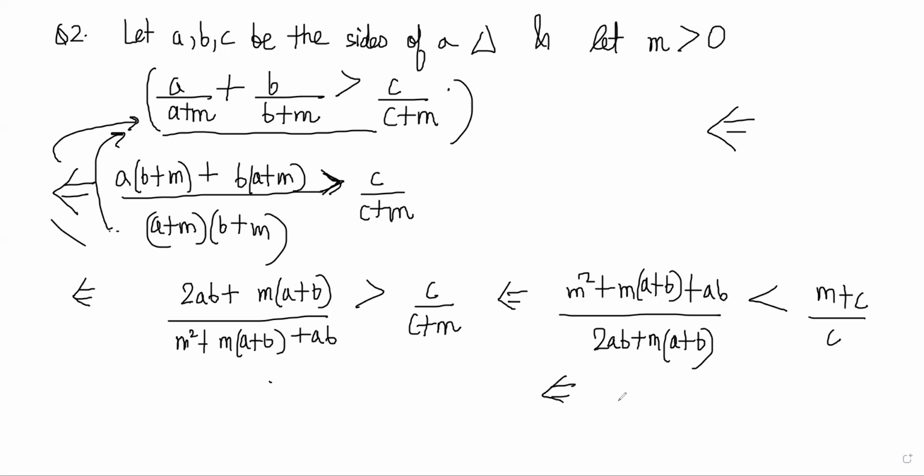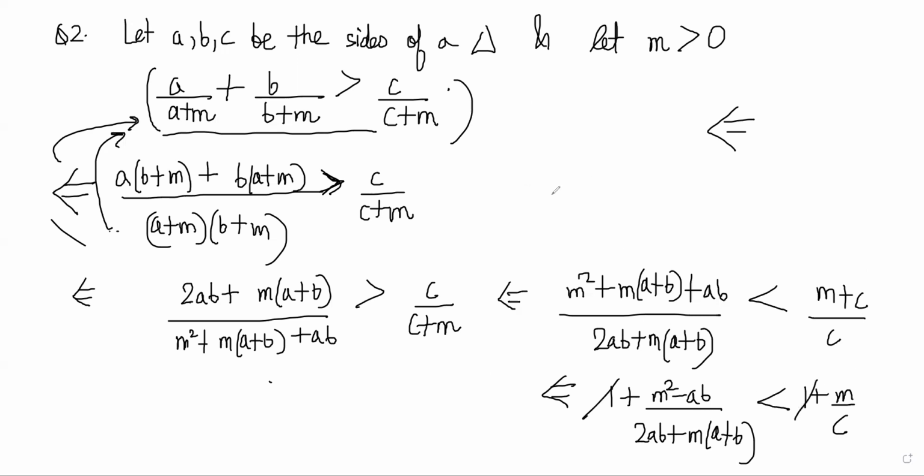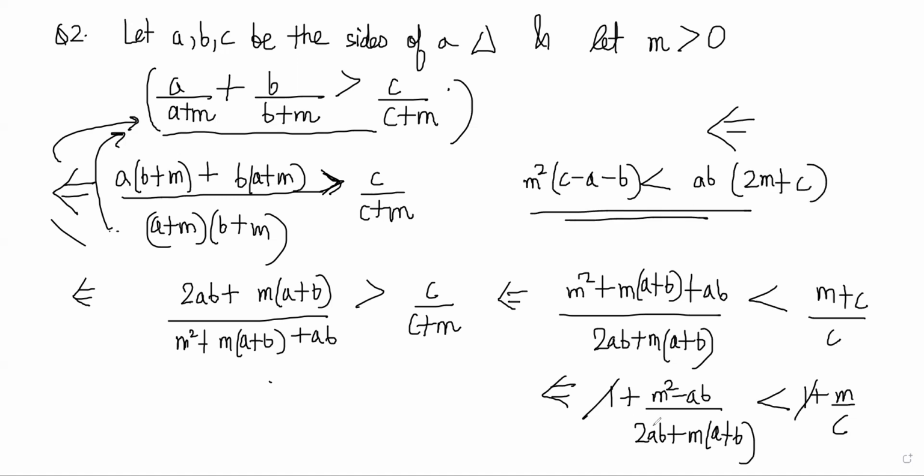And then from here, I can write this as 1 plus m square minus ab by 2ab plus m into a plus b is less than 1 plus m by c. And 1 gets cancelled now. And finally, here I will get m square into c minus a minus b is less than ab into 2m plus c. Basically, finally, after simplifying all of this, I am getting this, right?